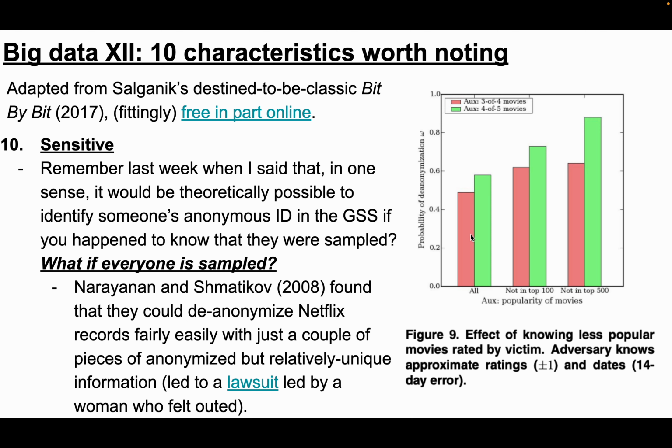So basically the graph is showing that if you could guess someone's rating of a particular movie on 3 out of 4 or 4 out of 5 movies, and you knew the rough date when they saw it, you could pretty easily, as long as you have some computer science skills, figure out who certain anonymous reviewers were of Netflix. Someone could build an app and it gets out to the internet. So this is a kind of important characteristic of big data, that they are subject to this problem.